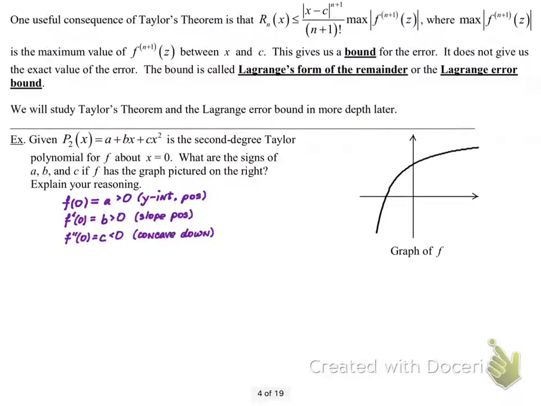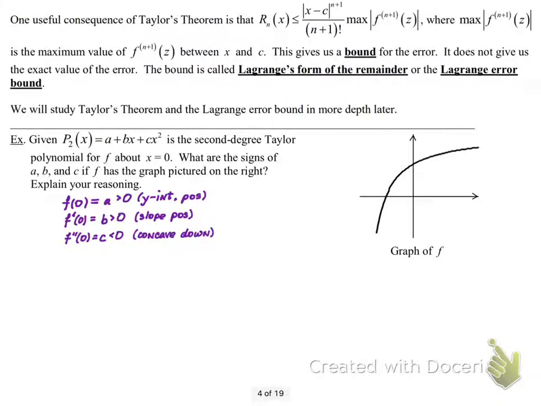A is necessarily your y-intercept, because when x is 0, B and C go away. I mean, they don't really go away, but you know what I mean. So A has to be positive because A is your y-intercept. B also has to be positive because that is the slope of your function.